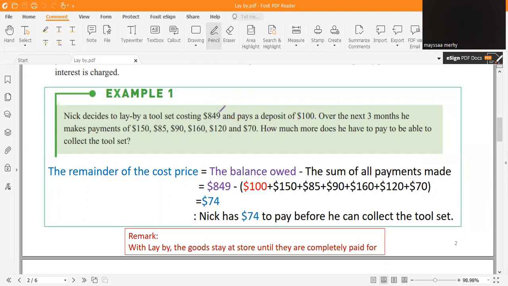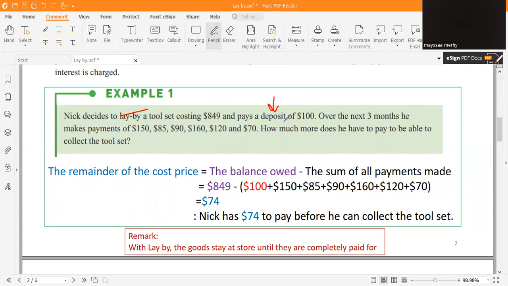The whole cost of this tool set is $849, and the deposit is an important factor of the lay-by operation. The lay-by agreement is based on the deposit, because you pay a deposit to put aside the desired good.